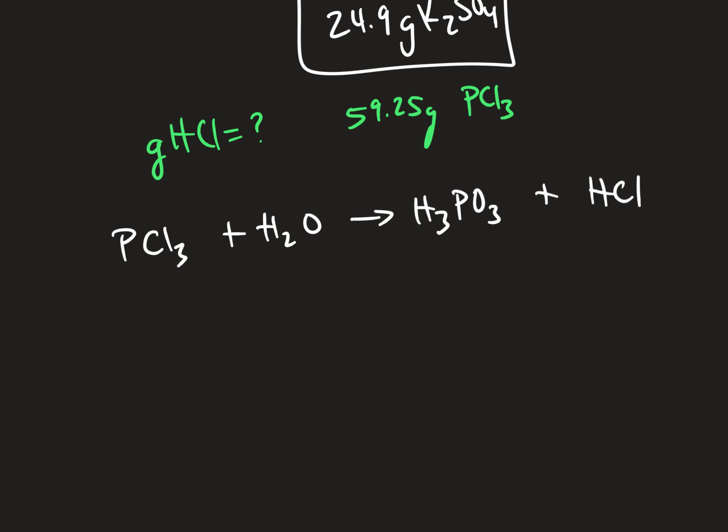So balanced is 3 here and 3 there, right? Okay, we know what we have and we know where we're going. So this is a 3-step process. Do you want to look at the mole roadmap and plan our trip? Yeah, okay, here we go.